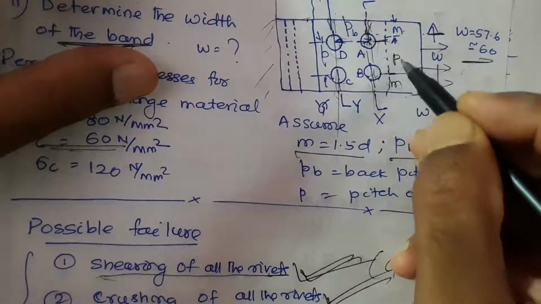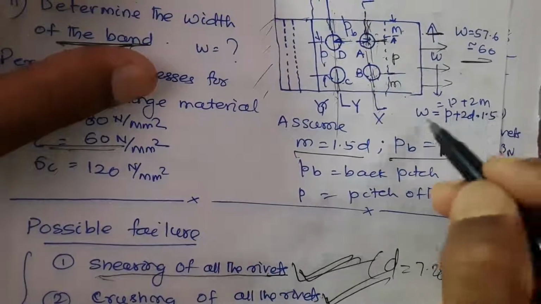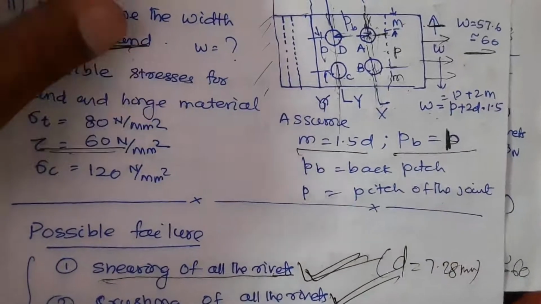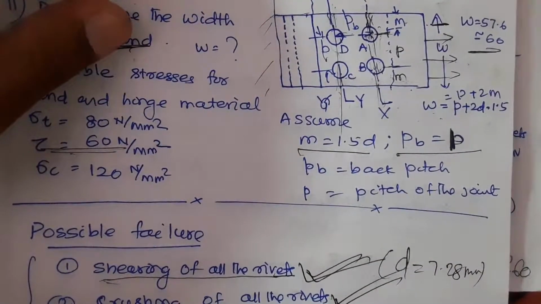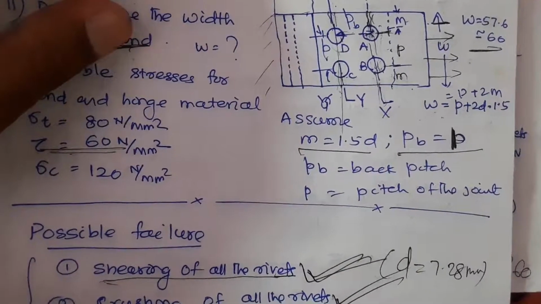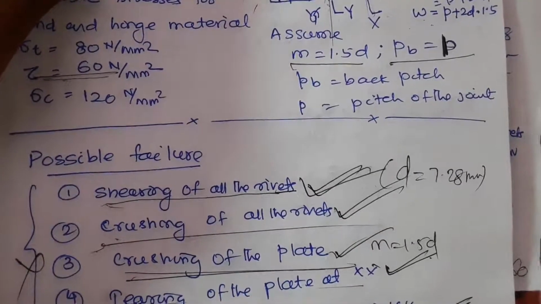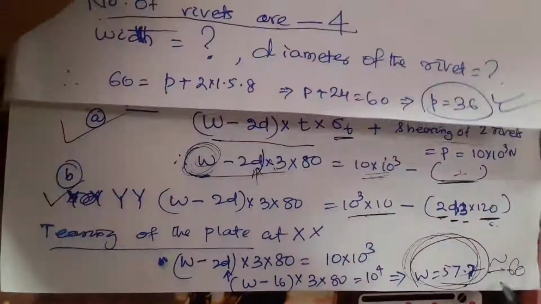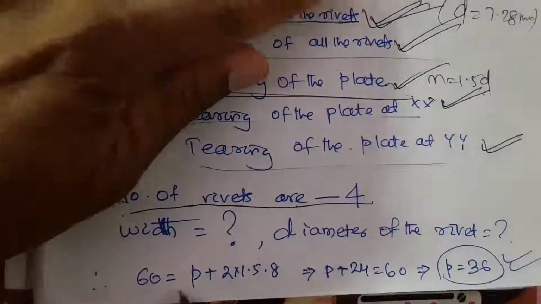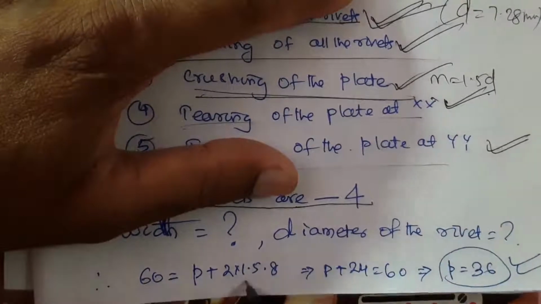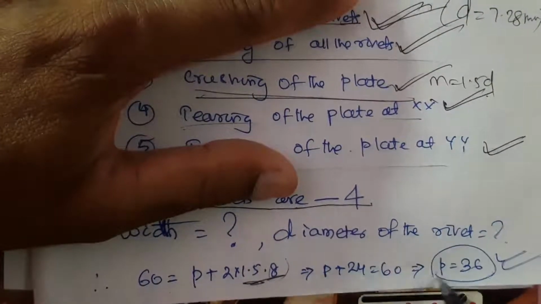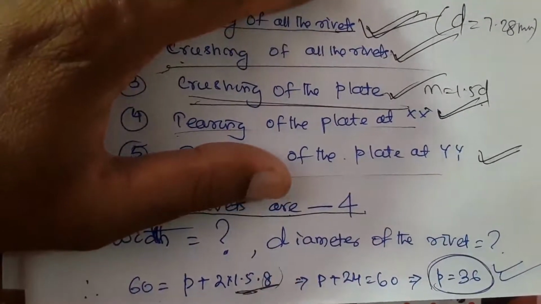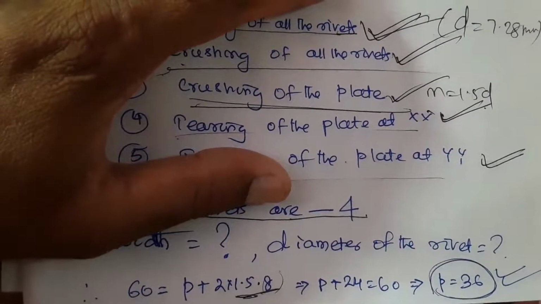So P plus 2 margins is equal to the width. The width we got is 60. So 60 is equal to P plus 2 into margin, which is 1.5 D. D is this one, so it comes out P is 36. If P is 36, the back pitch is also 36. So this is all about the design of the riveted joint.